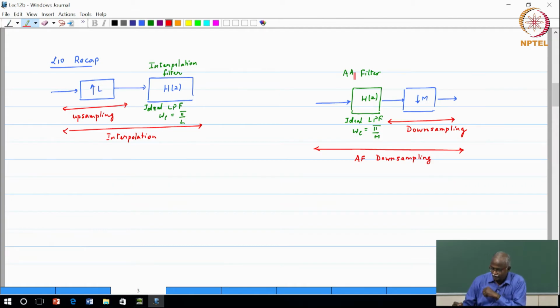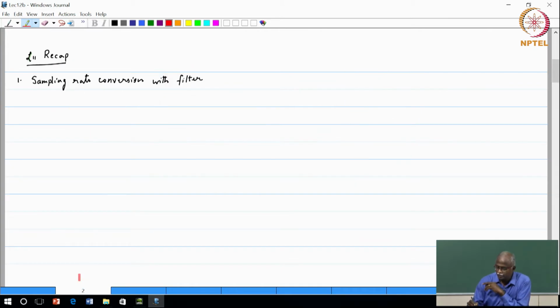And likewise, the downsampling process can be done without any reference to the input signal or its bandwidth, but however it is always advantageous, and we have shown that this is a sufficient condition to show that if you want to have alias free downsampling, then you should limit your signal to within a bandwidth of pi over M. So, these are the two combinations, sampling rate conversion combined with the corresponding filtering process. Okay. So, keep that picture in mind.